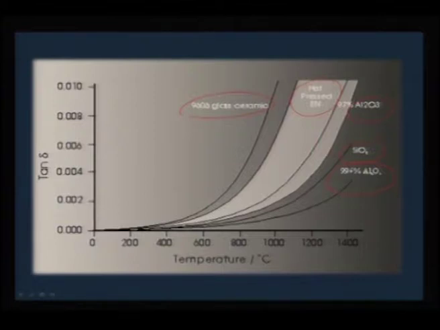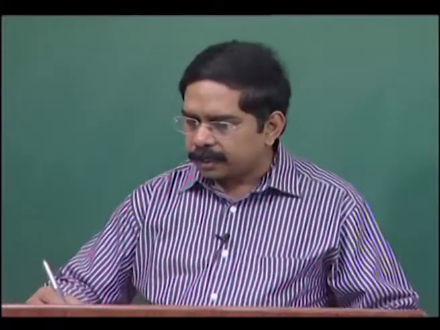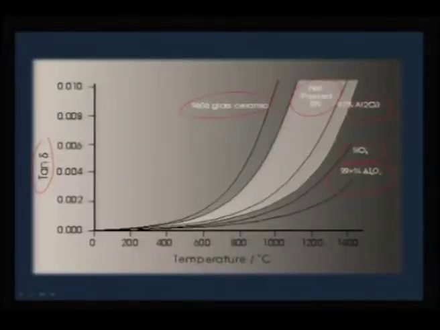In all of these, if you look at the tangent loss factor, these are very low, and you need to expose these materials for a longer time scale in order to really achieve a considerable amount of microwave absorption, and this region in such insulators is actually referred to as thermal runaway. This is called thermal runaway, meaning there will not be effective coupling of microwave with this material until you generate a minimum energy or temperature.